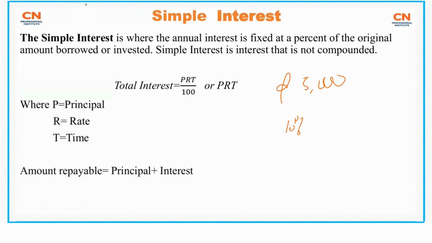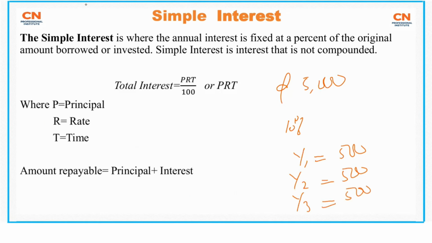Okay, if the interest is simple interest, then it means year one your interest will be 10% of the 5,000. You see, it doesn't change. Interest for year one will be 10% of the 5,000, which will give you 500. If you go to year two, it will be the same 10% of 5,000, which will give you 500. Year three, it will be the same 10% of 5,000, which gives you 500.